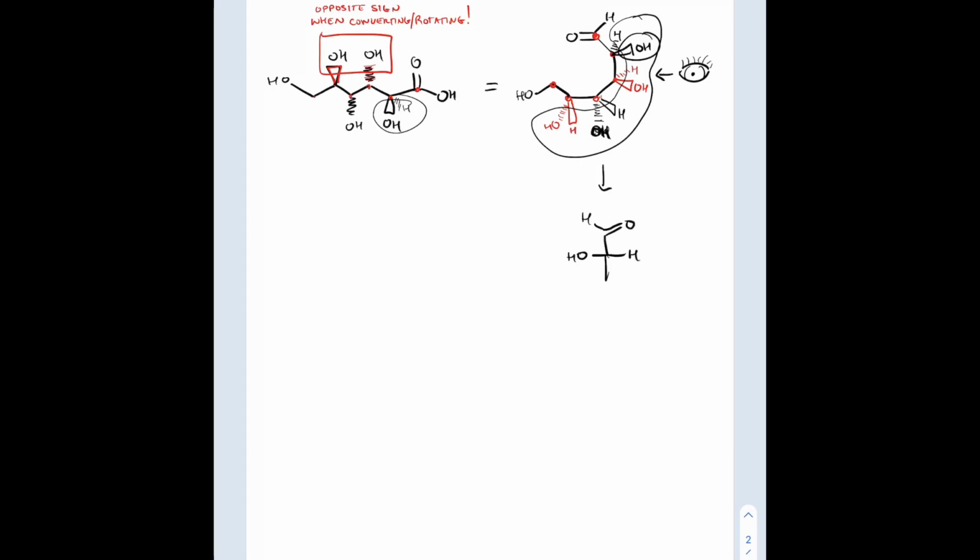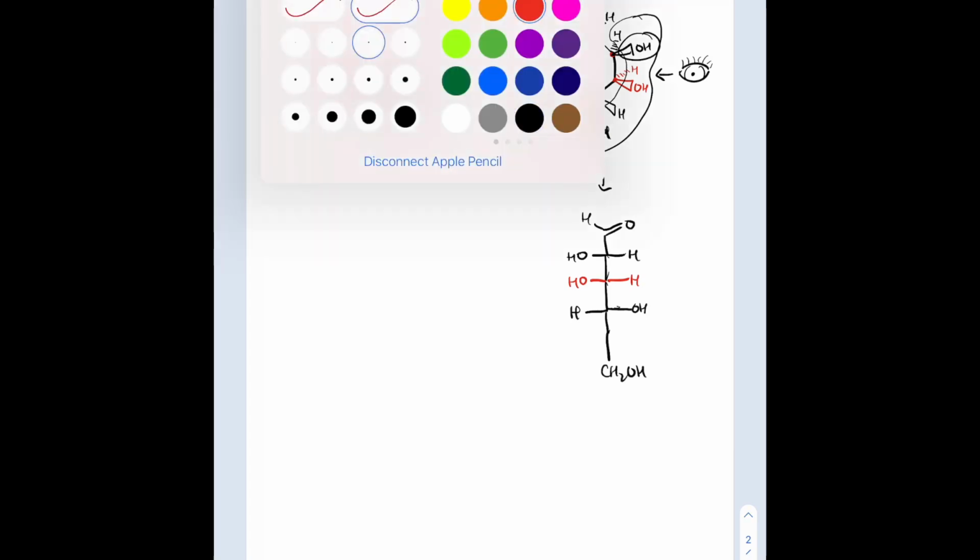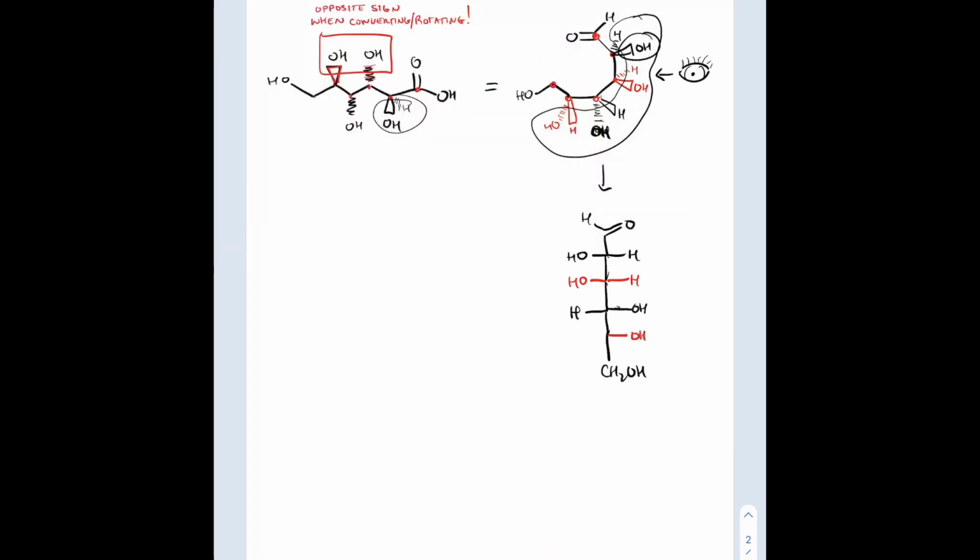Second OH is going to be on the left. So we got left, right from top to bottom. And that's because we have a wedge, dash. Okay, and again, I've labeled the OHs that were boxed on the original molecule in red again on this Fischer projection, just so we can keep track of them.